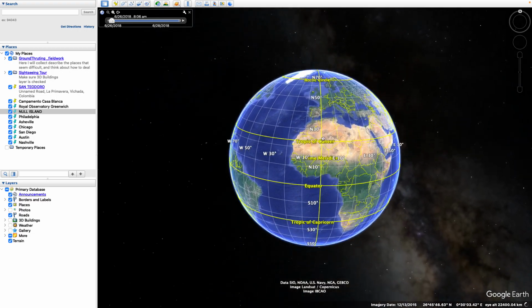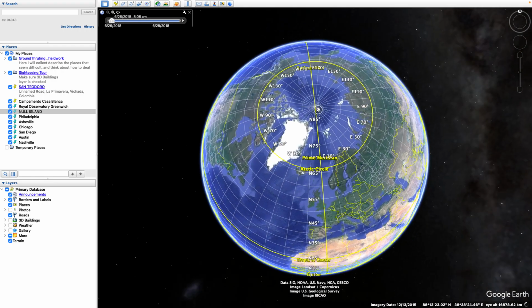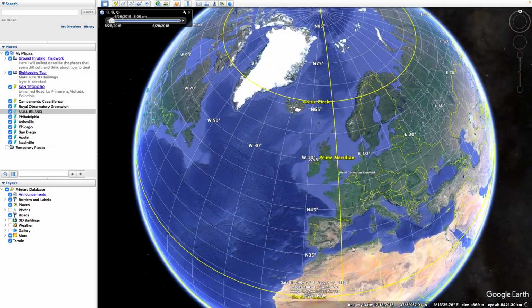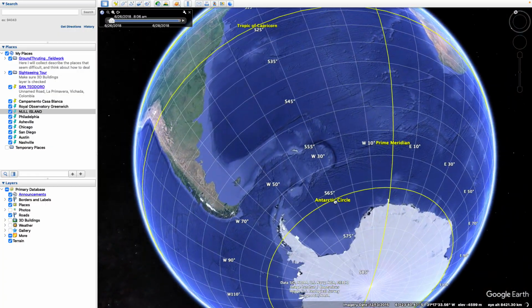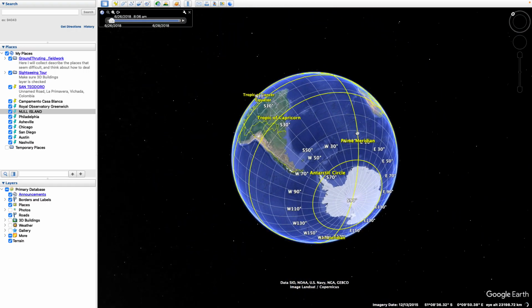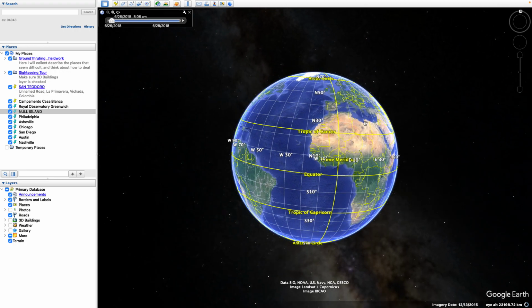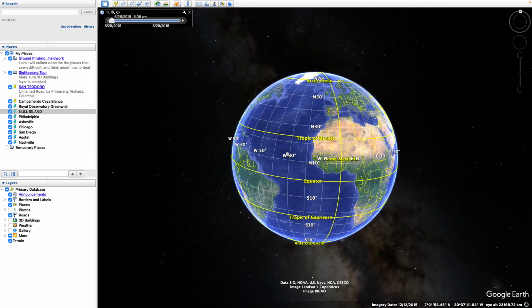The lines that go from south to north are called meridians, and they all meet at the north and the south pole. They cross here, while the lines that go from west to east are called parallels, and they actually never meet.